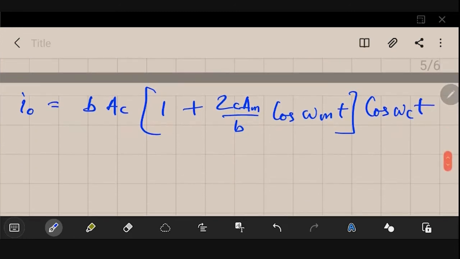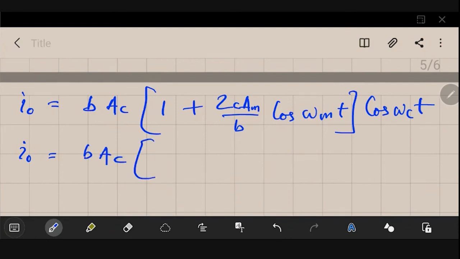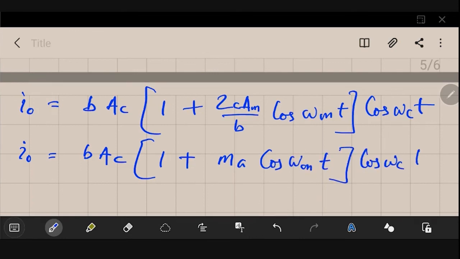So now you could compare this one with the general expression for the amplitude modulated wave. You could find that it will be in this form, B A_C into 1 plus m_a, modulation index, cos omega_M t, cos omega_C t.